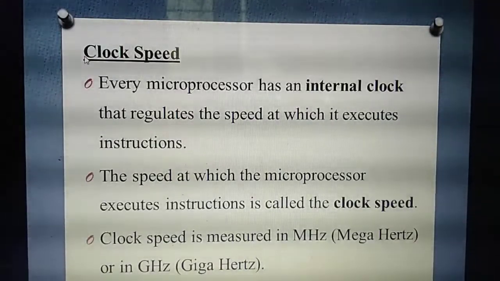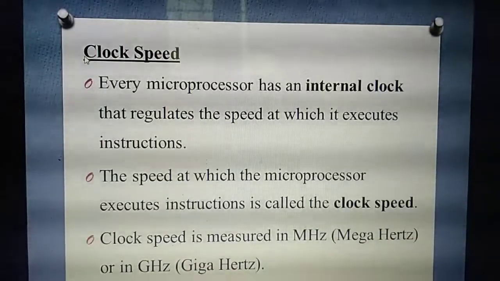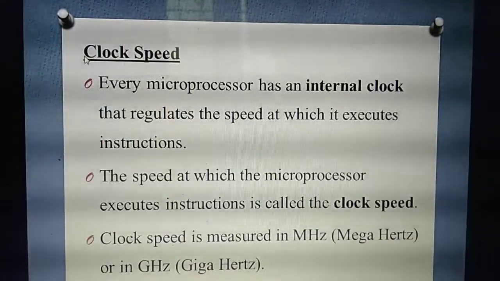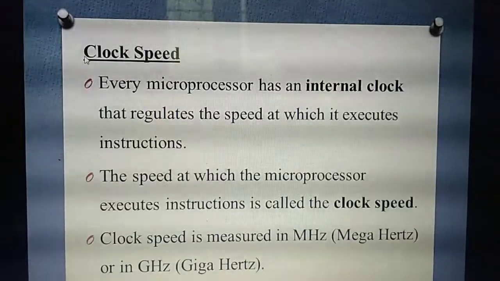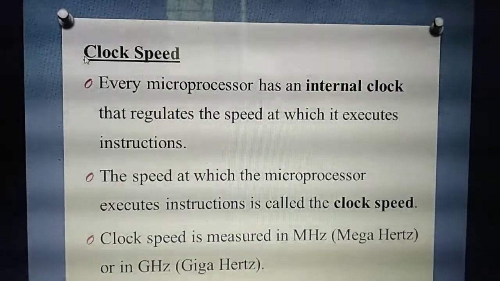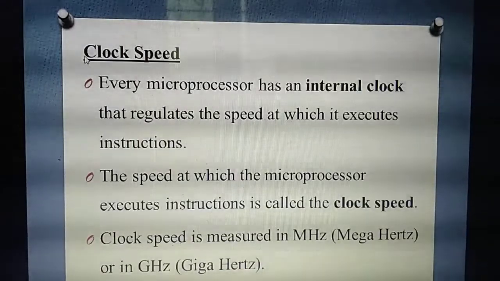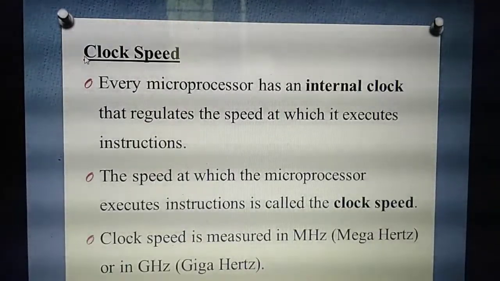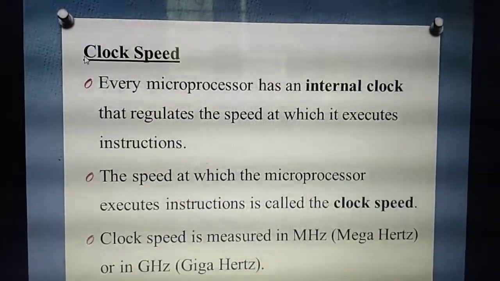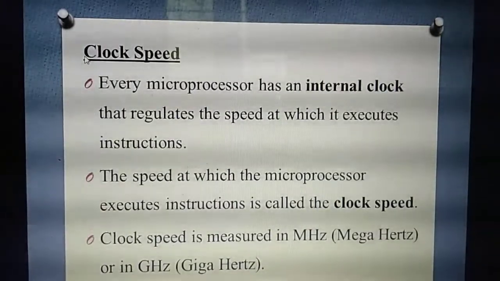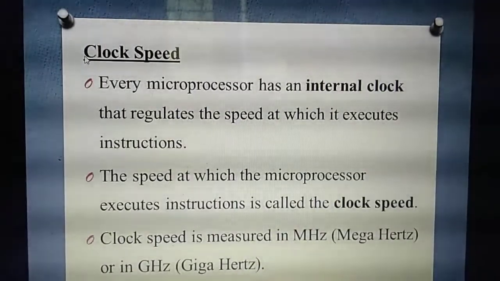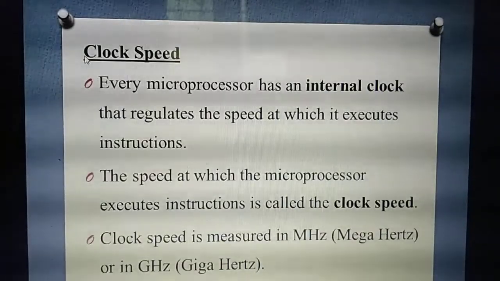Okay, what do you mean by the speed of the microprocessor? You are giving particular instructions as an input. The particular microprocessor will process based on that input, isn't it? So the execution of that instruction is called clock speed. That means, for example, 5 instructions I am giving.